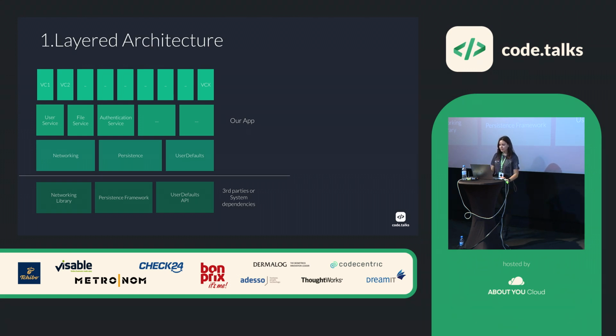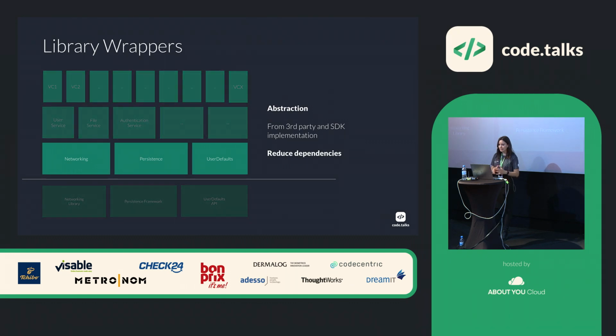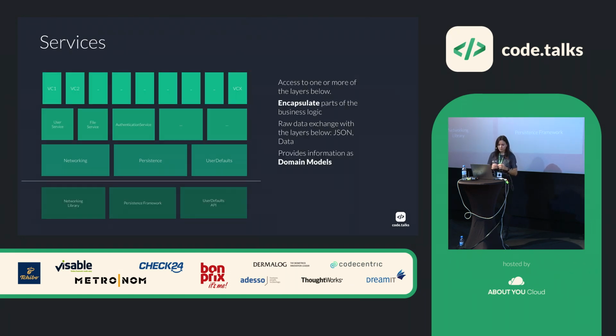Now, what would be the first layer? There was supposed to be an animation, but you don't see it, right? Never mind. The layer at the bottom was supposed to be highlighted.